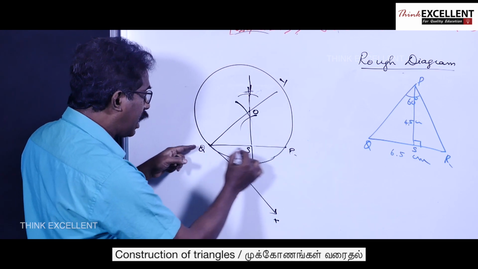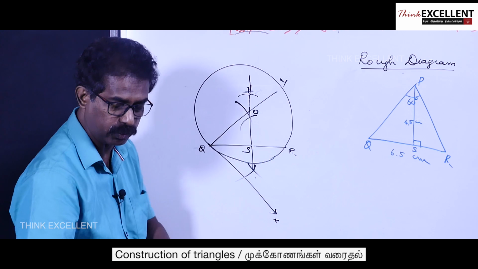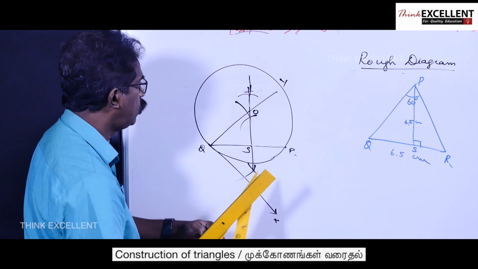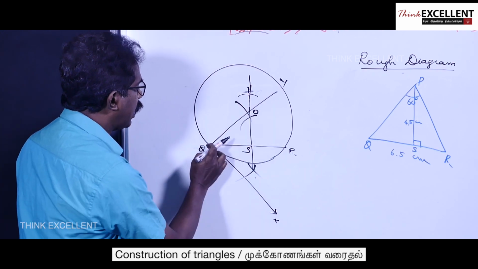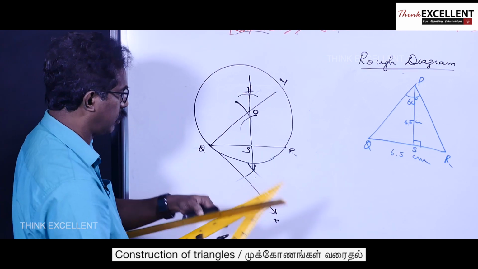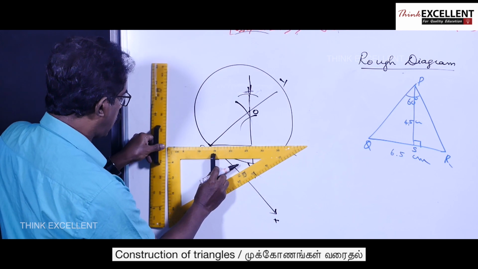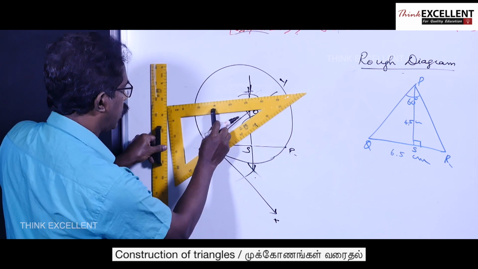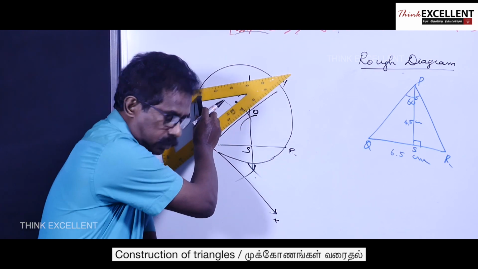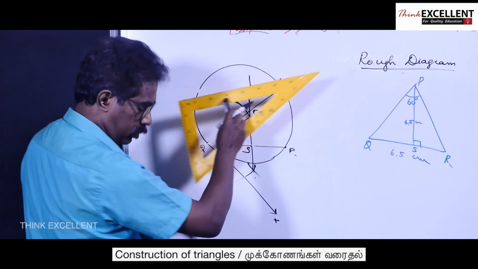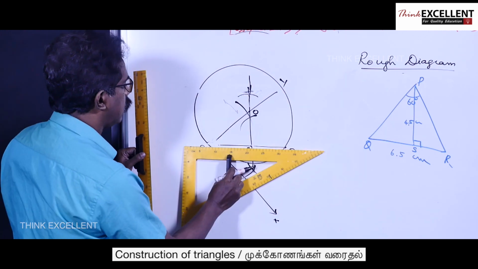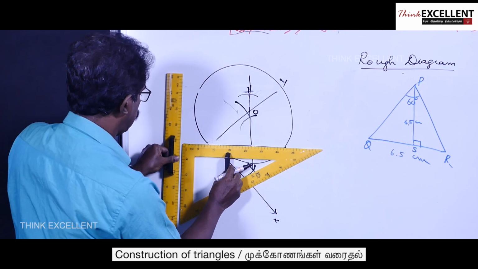Draw a line parallel to the base. For that I explained how to draw, right? So through this point, you draw a line parallel to QR. That's the important step here. So take like this. Look again. Keep it like this.